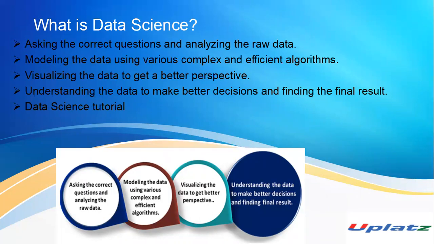It involves extracting meaningful insights from raw, unstructured, or semi-structured data that is processed using the scientific method, and different technologies and algorithms. So this is the standard definition of data science.